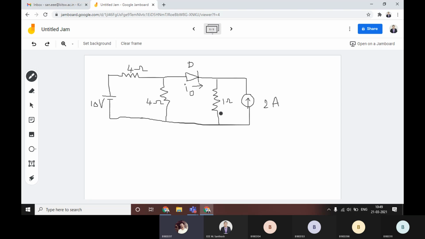Yes, sir. I'll calculate once again, sir. Actually, before calculating, let me clear at this stage only. You know the superposition theorem, right? But at this stage we have not discussed this one.